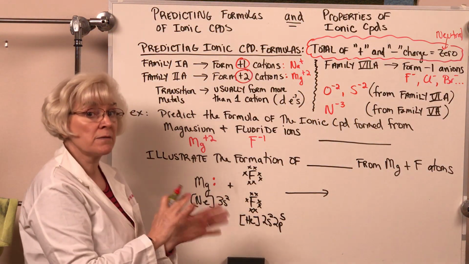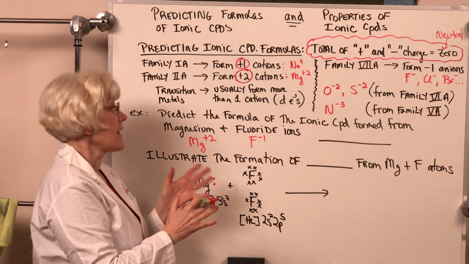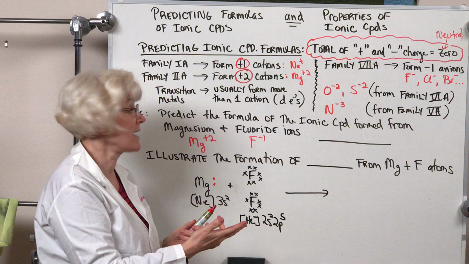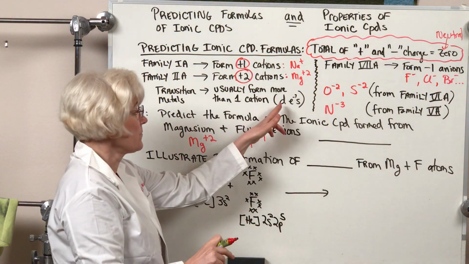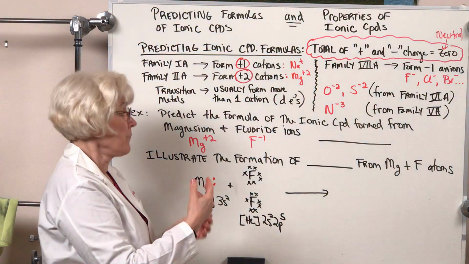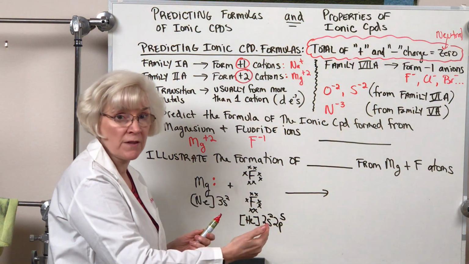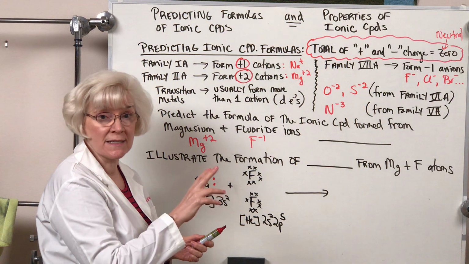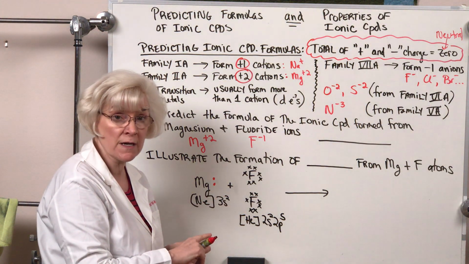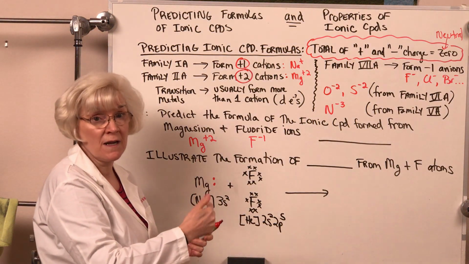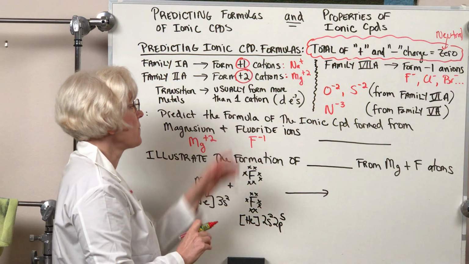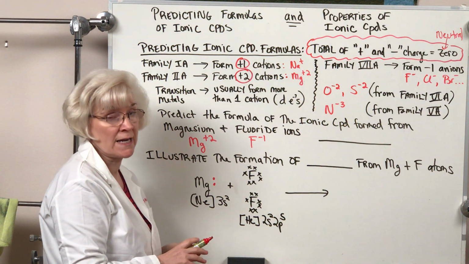Transition metals are a little more complicated. They can usually form more than one kind of cation, and that's the result of the influence of the d electrons. Remember, transition metals' last electrons are heading into d orbitals, and although these are not technically valence electrons, they do influence their chemical reactivity. So transition metals usually form more than one kind of cation.